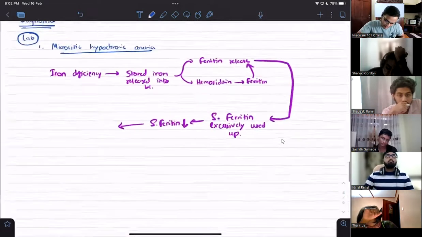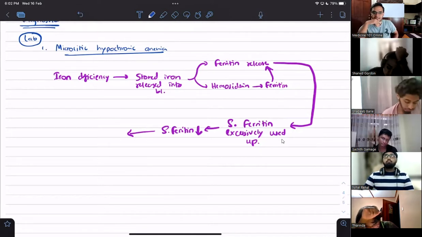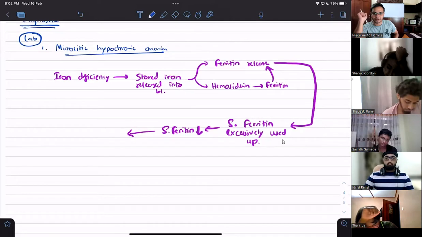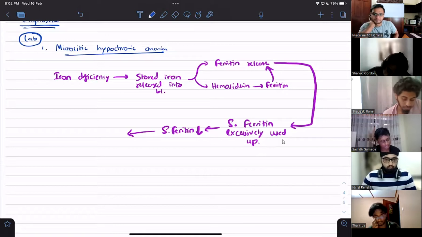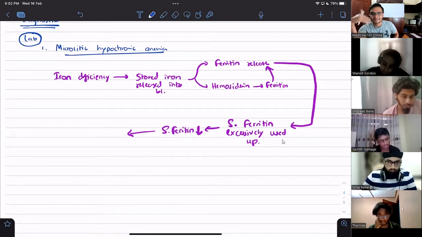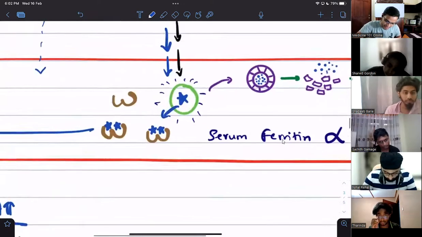Now look at this. When the serum ferritin is low, right? When the serum ferritin is low, from the picture that we just drew, what is the next iron profile candidate that will also reduce? The candidates in the iron profile. What is happening to this serum ferritin? We just drew it here. It is low.